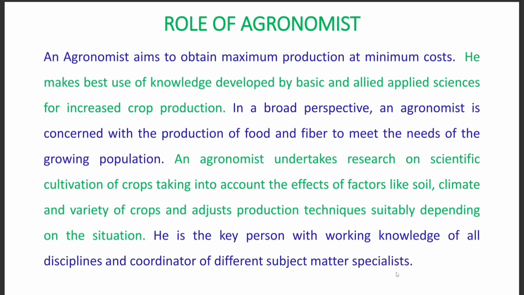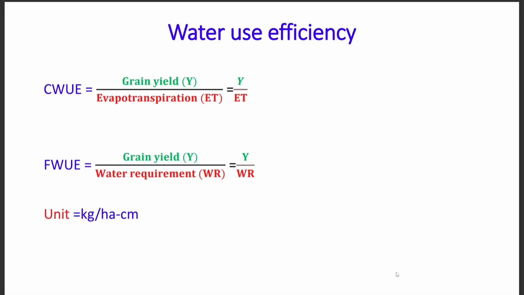So in the broad perspective, the agronomist will help to meet the needs of the growing population. By that they could create good coordination and discipline among all the subjects, and that will help to grow our own Indian agriculture.